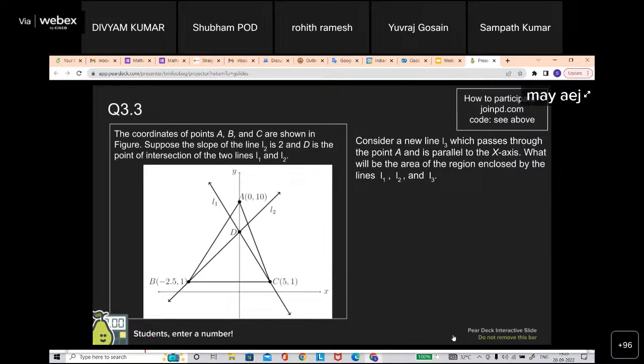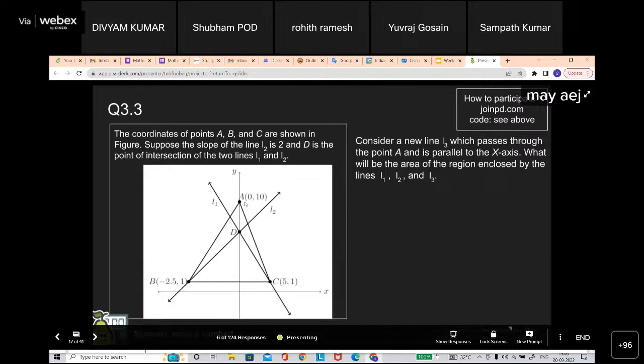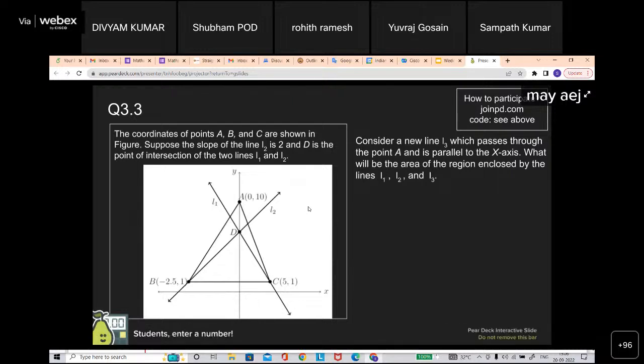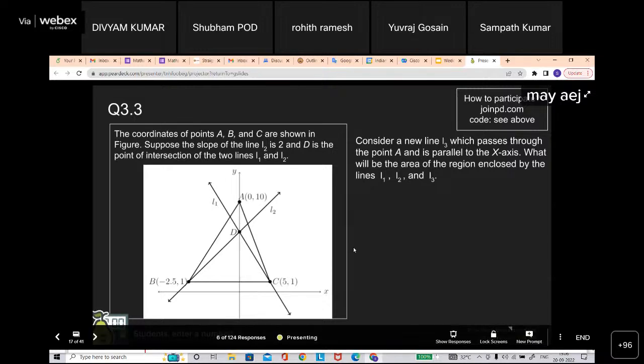Find the coordinates of it, find the distance of it. The best thing is height into base, which can easily be done because this line is parallel to the x-axis, and the height is passing through this A and D. So this you can get as 9 minus 5, 4. So you can easily get the answer. I just gave the trick, an idea. Coordinate.